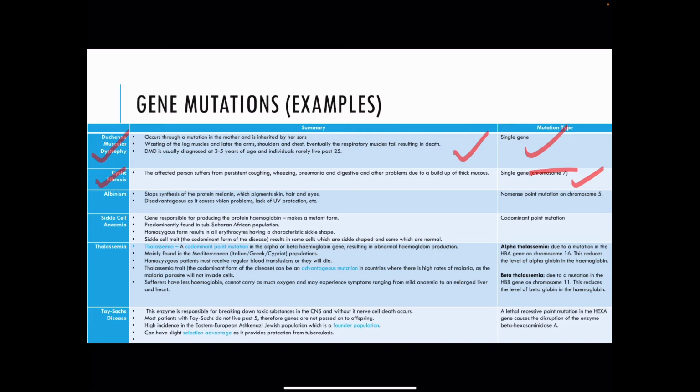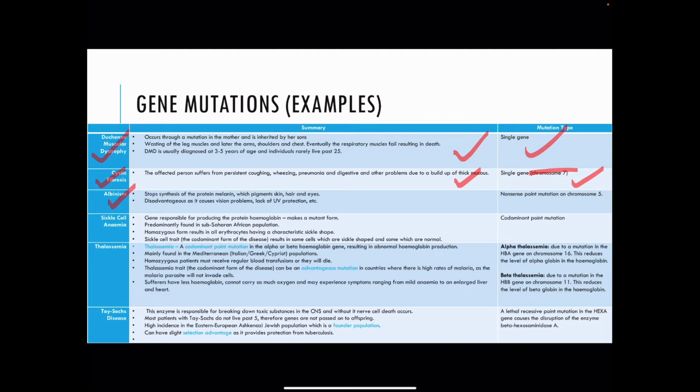This causes a thick, sticky mucus to be built up in the digestive system, the respiratory system, the reproductive system even, okay? And so the affected person suffers from persistent coughing, wheezing, pneumonia, and digestive and other problems as well, okay, due to this thick build-up of mucus.